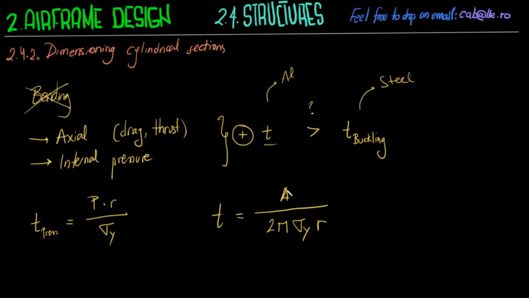Then A is going to be the largest when we have thrust plus the maximum dynamic pressure. I used A, but let's call it A prime. This is not the axial force, this is the sum of the axial forces, the max, and this is due to axial forces.